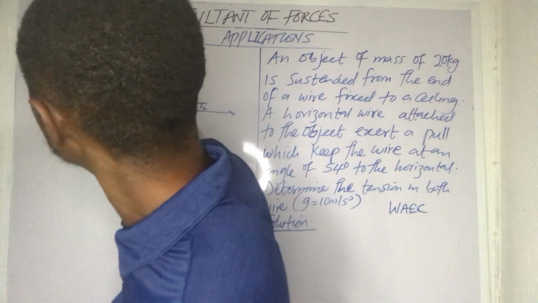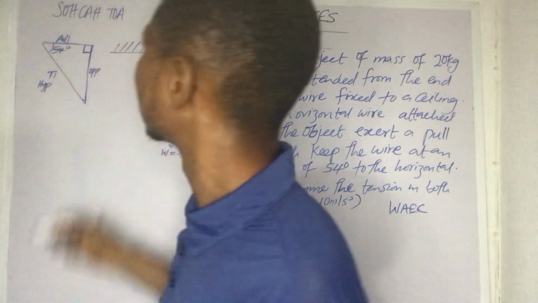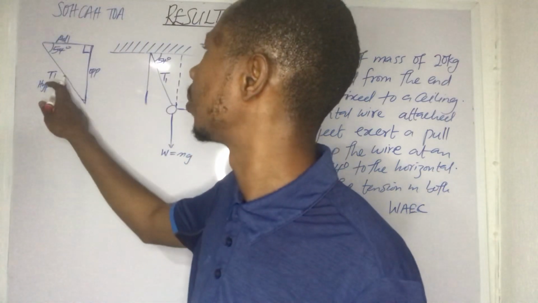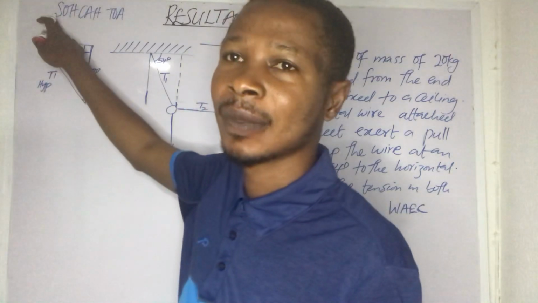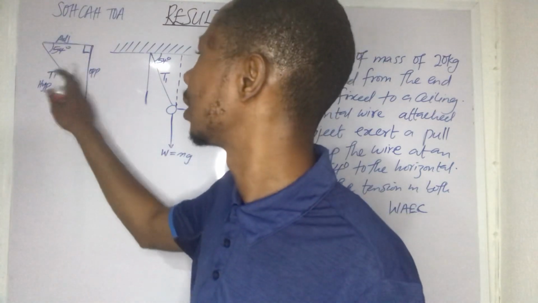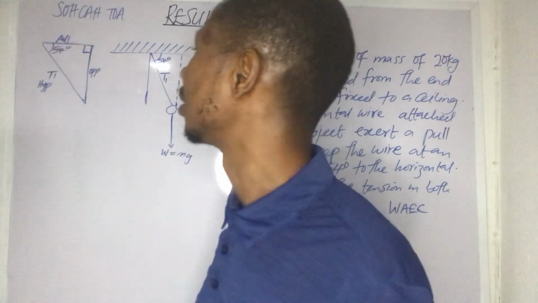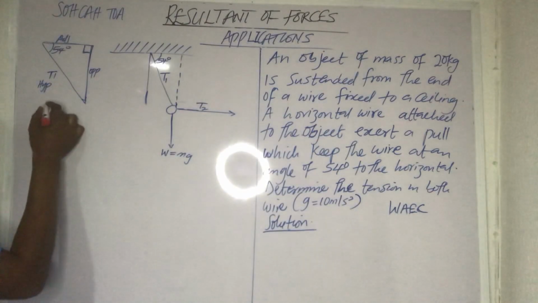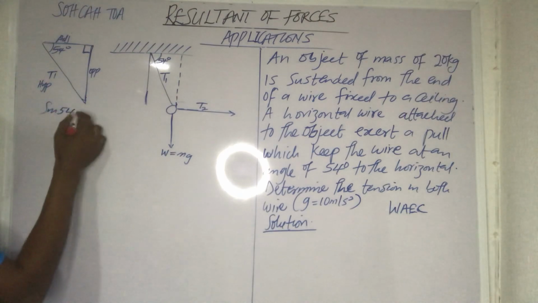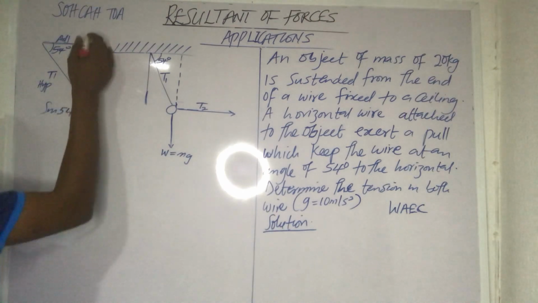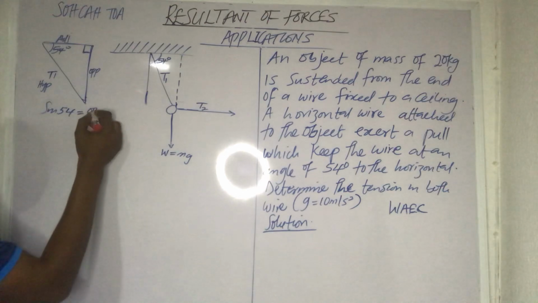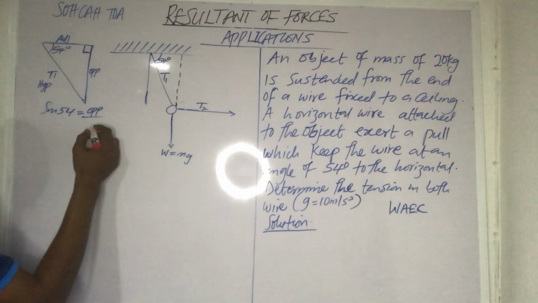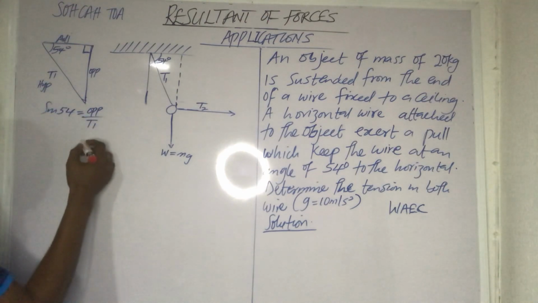SOHCAH TOA. That means opposite over hypotenuse is what? Sine. So using that, I will have sine 54 is equal to opposite over hypotenuse, which is T1.